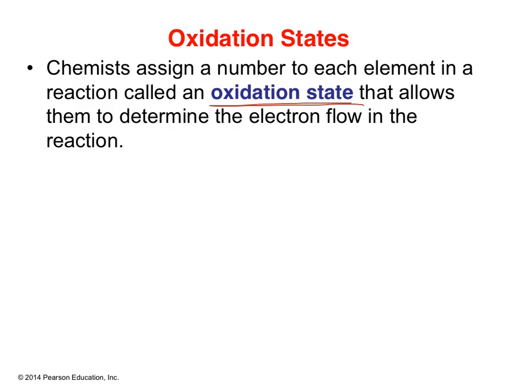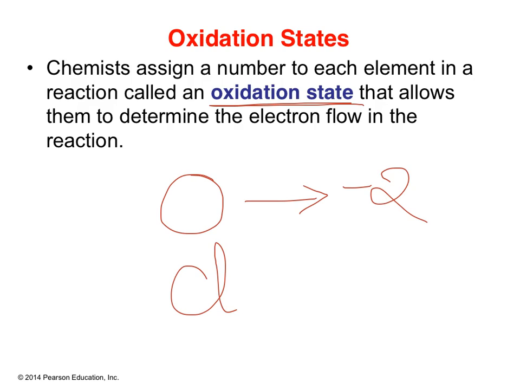Now, even though they tend to look like charges, because sometimes we write that the oxidation state of oxygen is -2 and the oxidation state of chlorine in some systems is -1, they're not exactly charges.